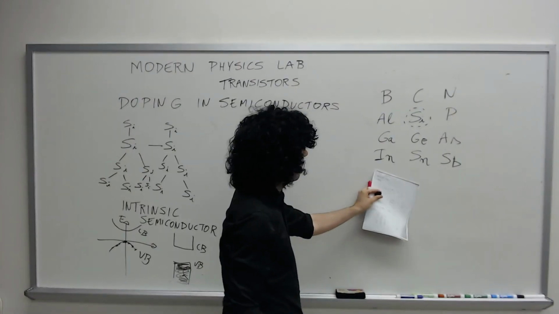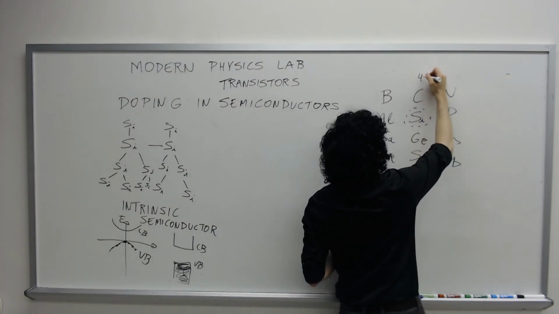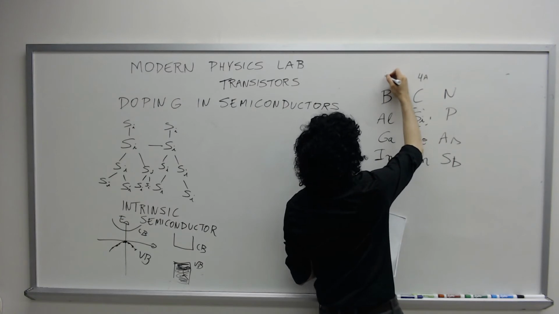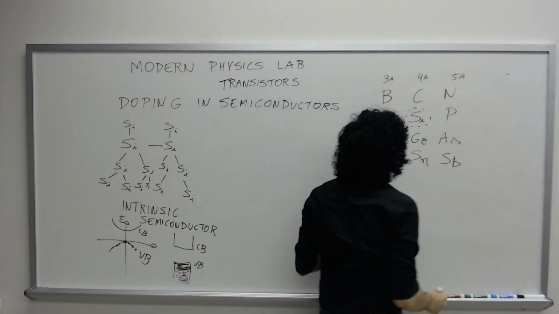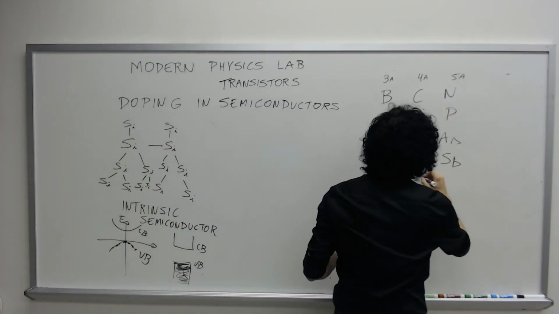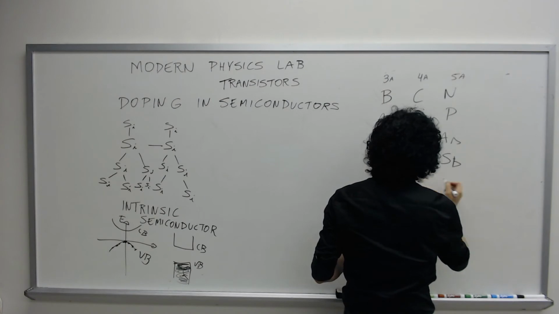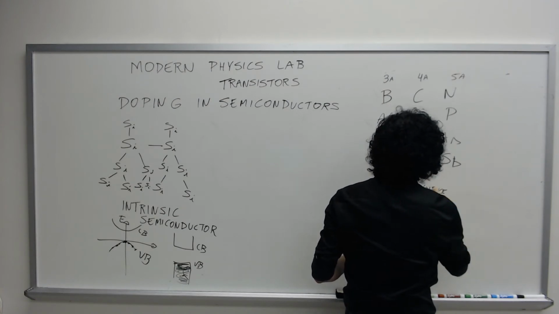So silicon belongs to this group 4A, this is 3A, this is 5A. That means that silicon has four valence electrons.